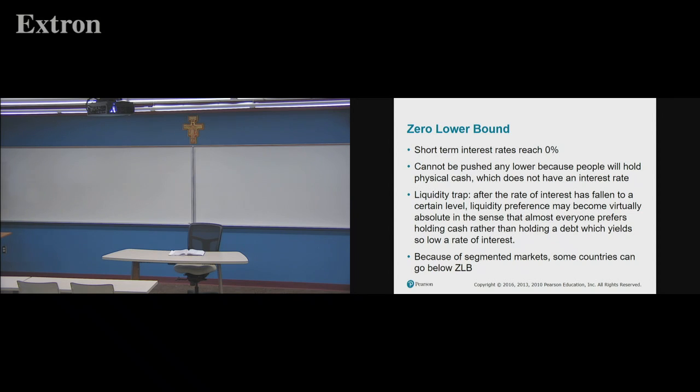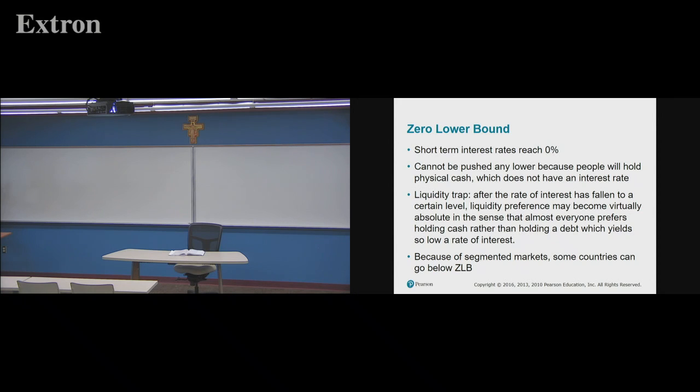And because of the idea of segmented markets, some countries can go a little bit below the zero lower bound. The basic idea of segmented markets is that people have different preferences for the maturities of the bonds they buy. In theory, the interest rate on a 10-year bond should equal the combined interest rates on 10 one-year bonds.